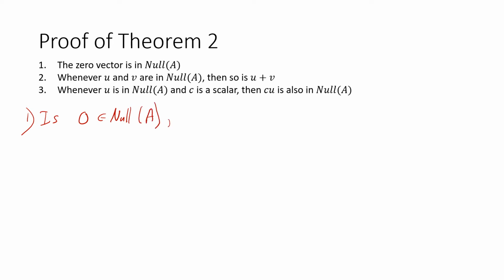Or this is asking, is our matrix A times the zero vector equal to the zero vector? Of course it is. We know that multiplying any matrix by the zero vector gives us a zero vector. They may be different sizes, but it gives us a zero vector. So yes, the zero vector turns into the zero vector, so it is in the null space.